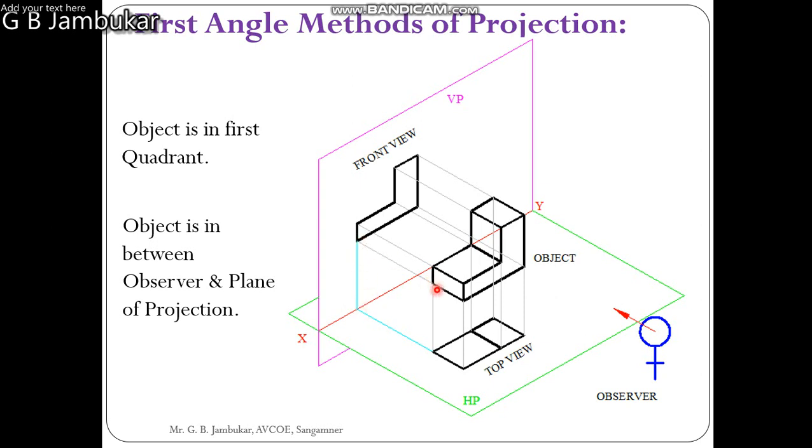That means if there is any point on the object, for example A, its front view will be A dash and its top view will be A. If you draw the line A dash and A, this line is always perpendicular to the XY line. This line, shown by this color, is called the projector of that point.